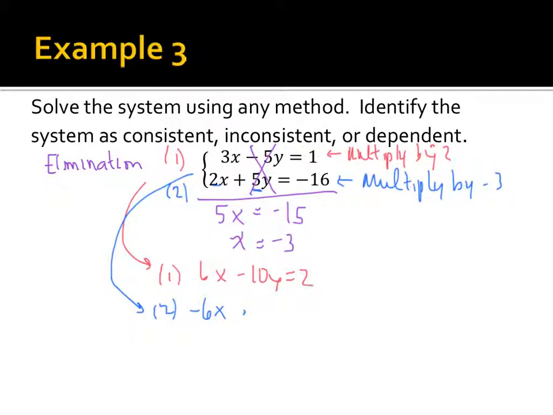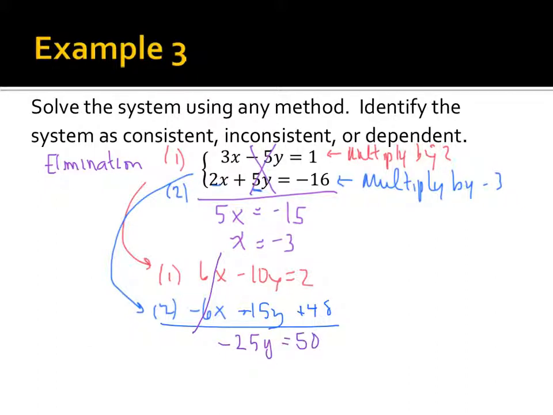All right, and then negative 3 times 2 is 6, negative 3 times positive 5 is negative 15y, and then negative 3 times negative 16 is 48 plus 48. And what happens here is this time these cancel, and I'm left with negative 25y equals 50.